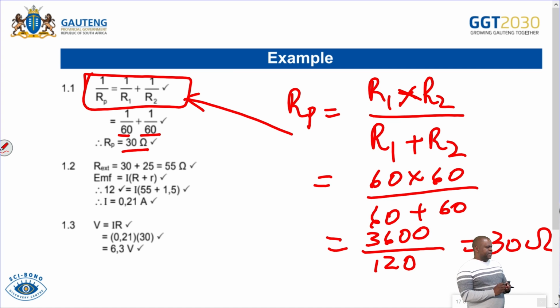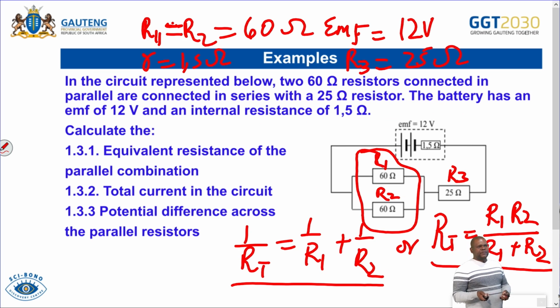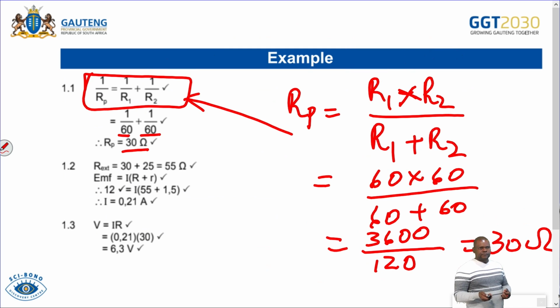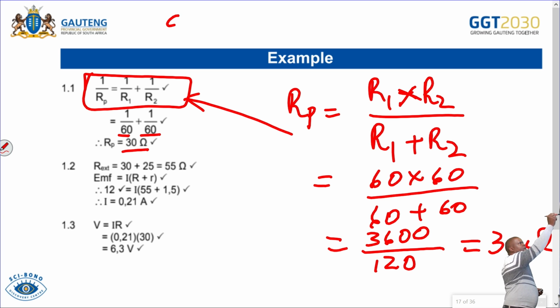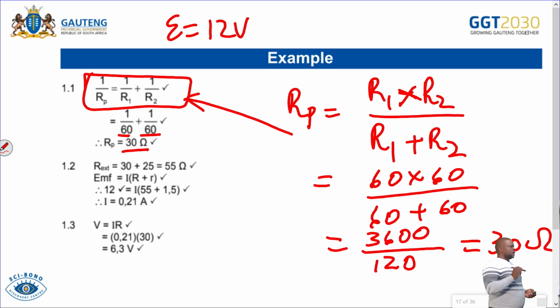Because we are given this, when we go back to our previous slide, we wrote down all the things that we were given. One of the things that we were given is the EMF. EMF is equal to 12 volts. And we're looking for current.